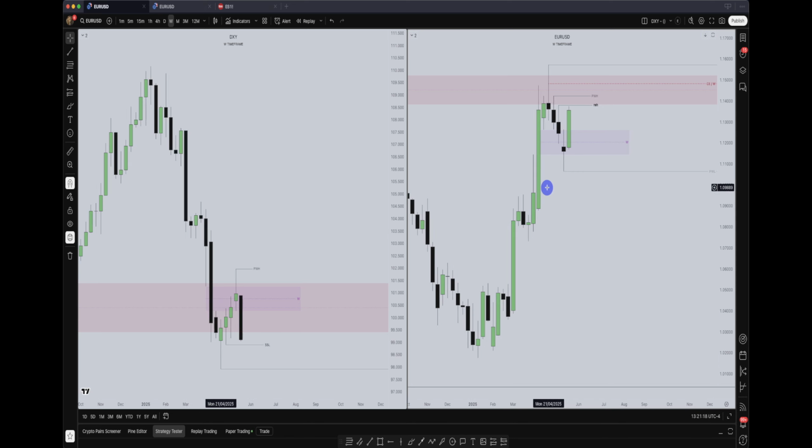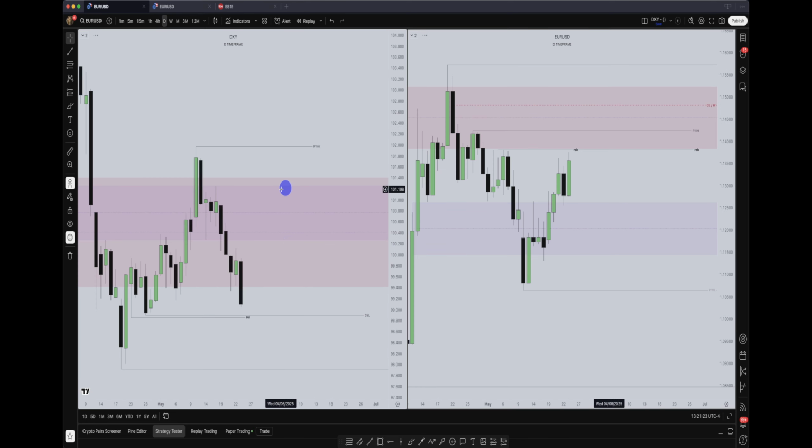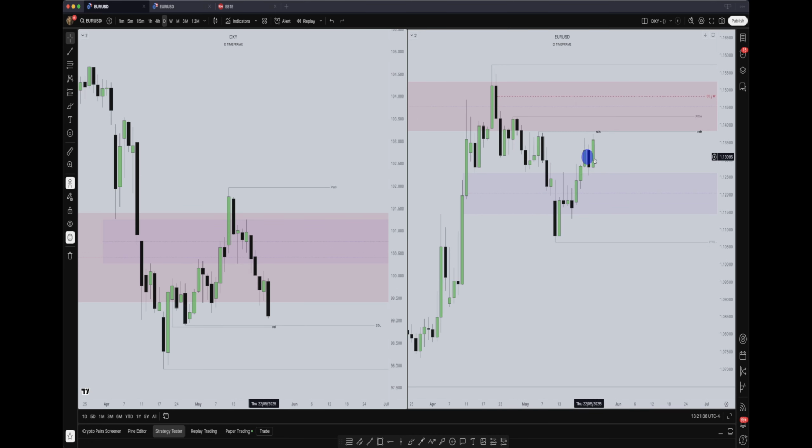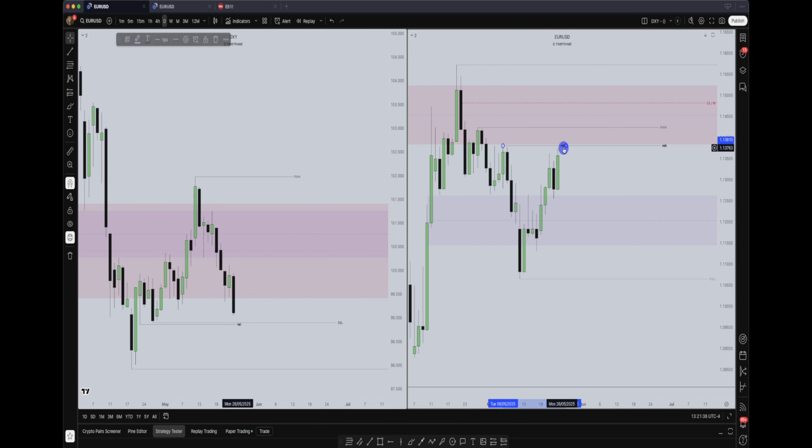Right, so let's go daily. So you can see a high, a bit lower high, but it seems almost equal highs. This is an important level. Okay.